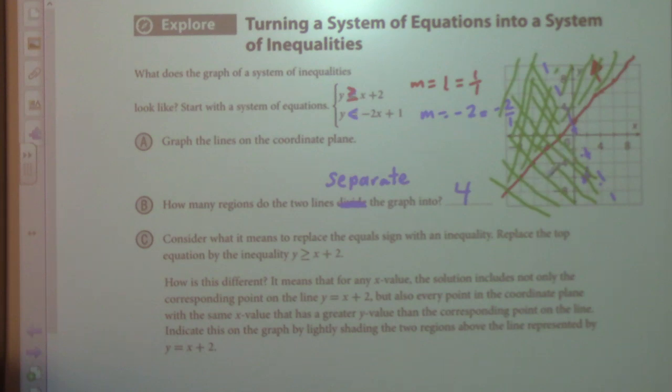below the blue line and above the red line, and so what area of the four is shaded both ways? The upper left, right?